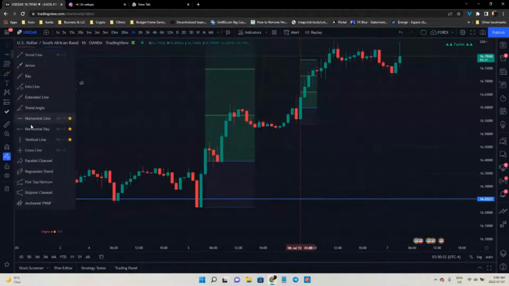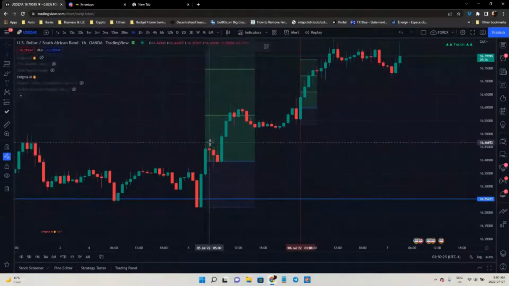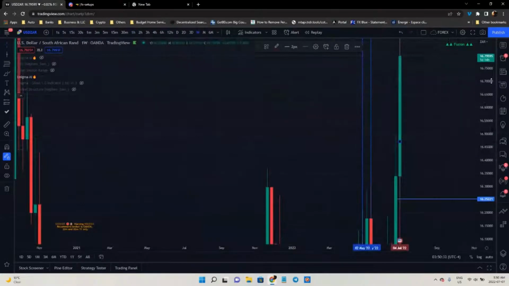Okay, so let's look at USD ZAR. Let's plot a line. Perfect. Same thing. Look at the weekly, where we are in the market.